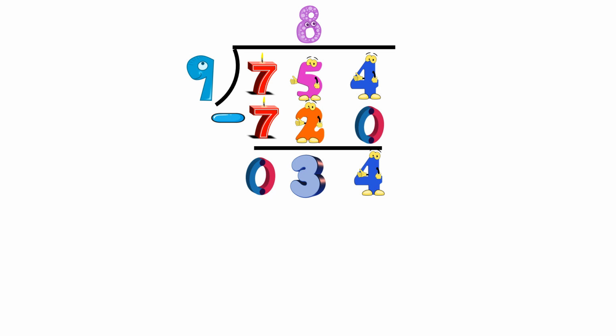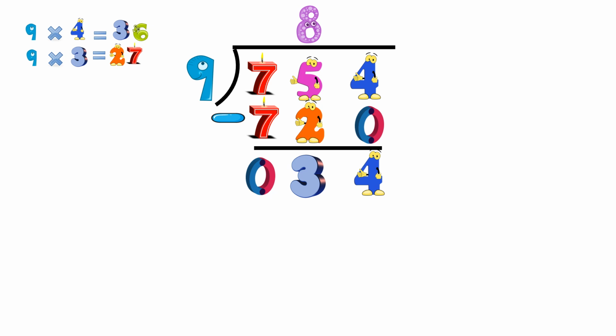To know the answer, we need the help of the multiplication table. And 9 times which number gives a number close to 34? We know that 9 times 3 is equal to 27, and 27 is close to 34. And also 9 times 4 is equal to 36, and 36 is also close to 34, but we have to choose the smallest answer, which is 27.